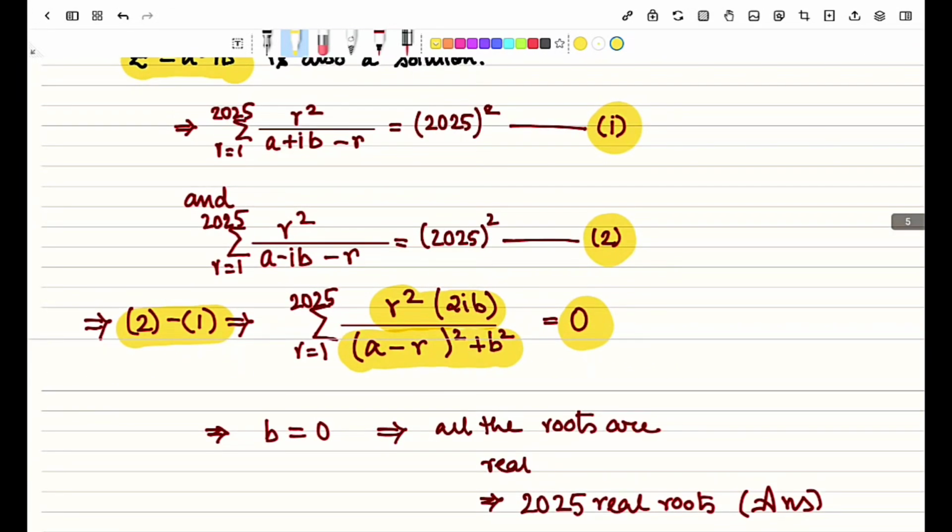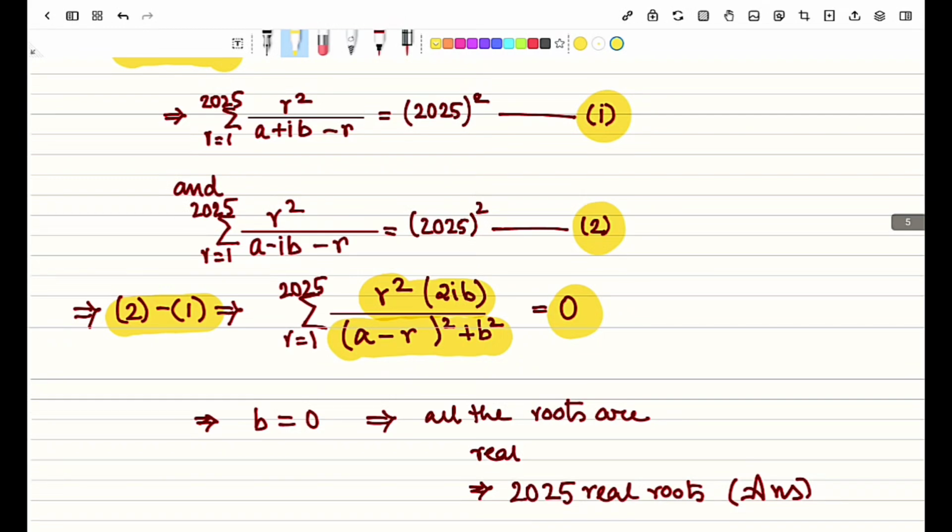Now what can we say from here? Can we say that b is equal to 0? Because this is a positive number, not equal to 0. Wait a minute, the denominator as a total is a positive number.